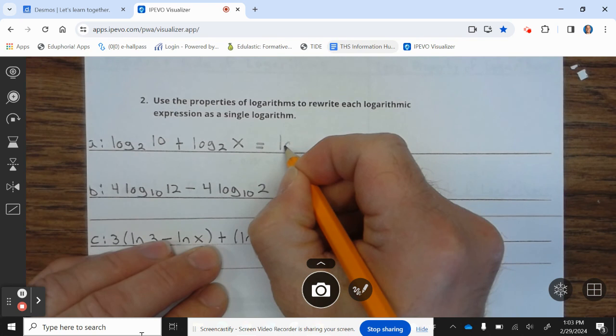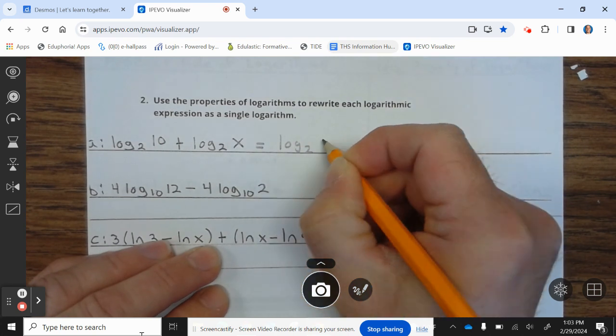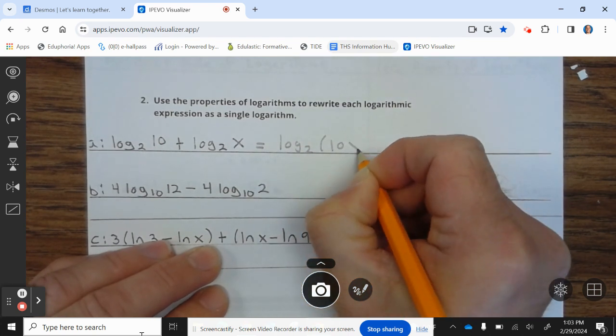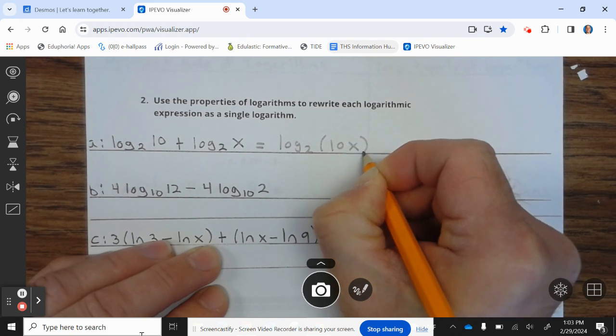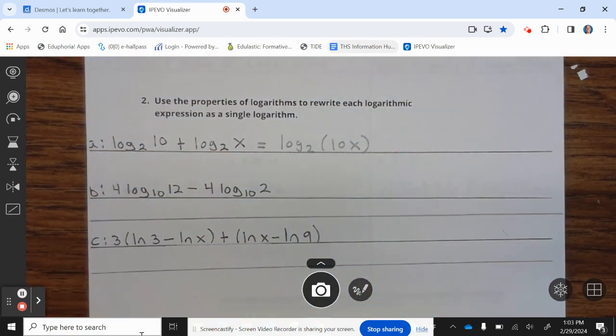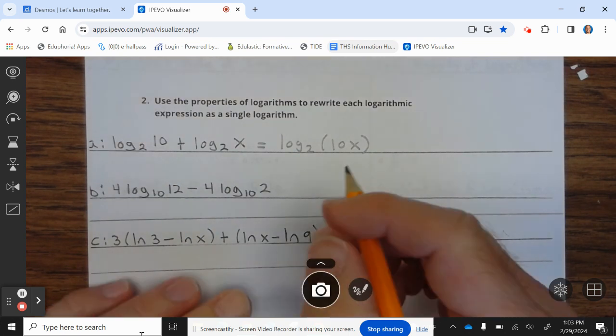All right, so this becomes log base 2 of 10x. All right.